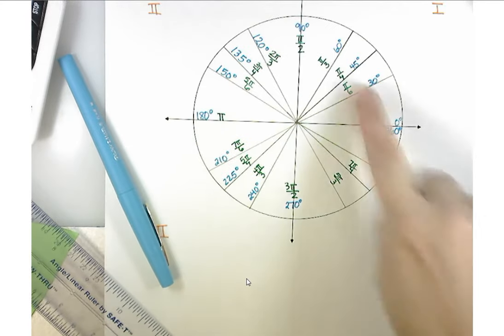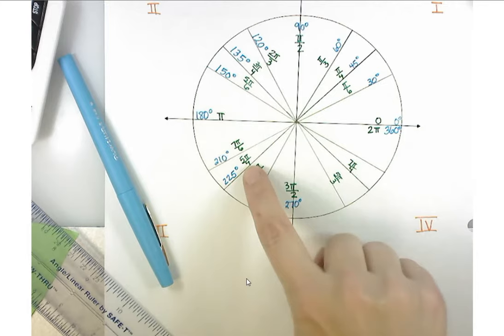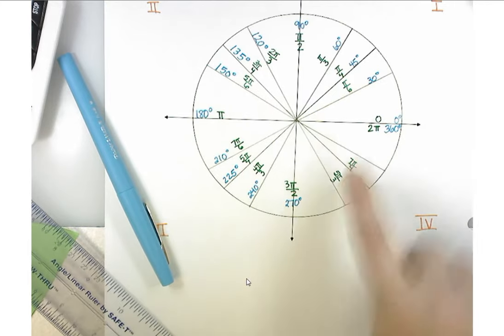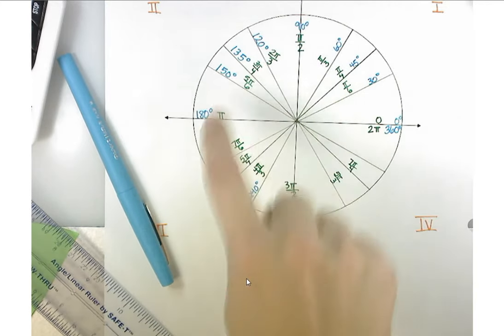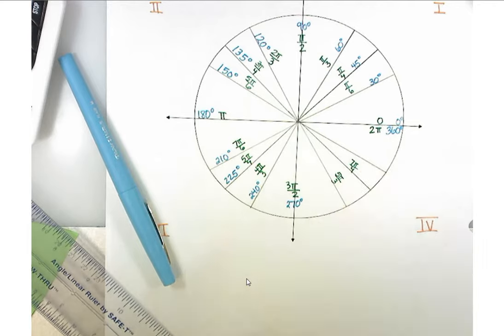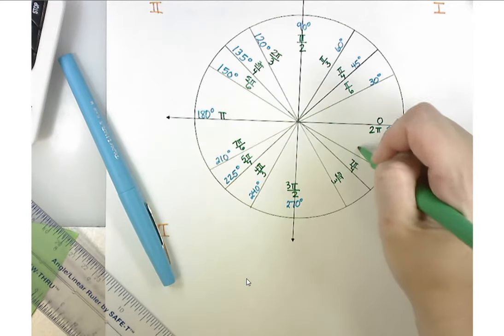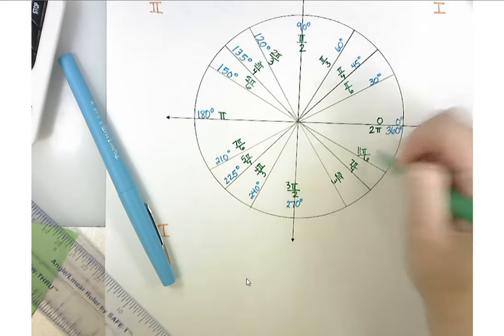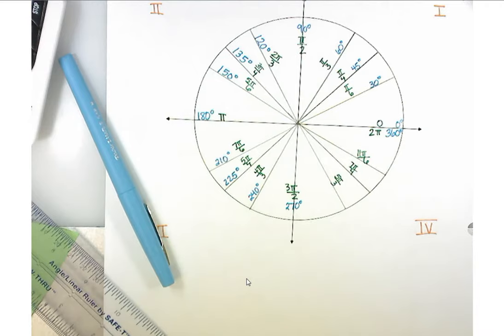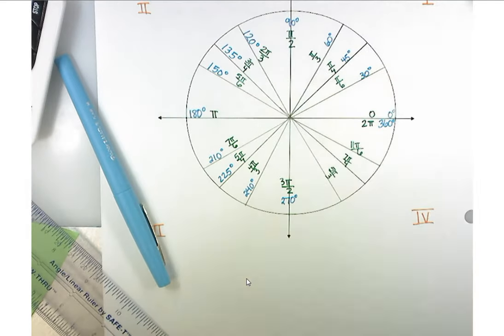So if you reflect pi over 4, see how all the denominators are 4? If you reflect pi over 6, see how all the denominators are 6? This would be 11 pi over 6. Do you guys notice that? Okay, so that's going to be your radians.